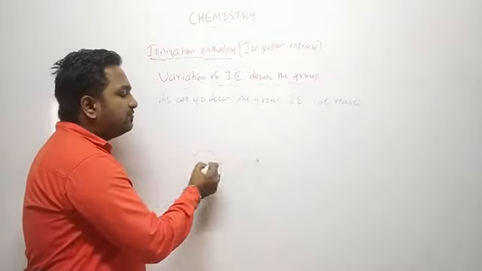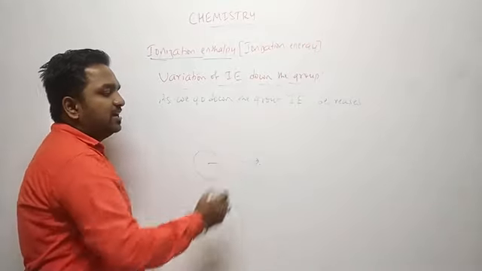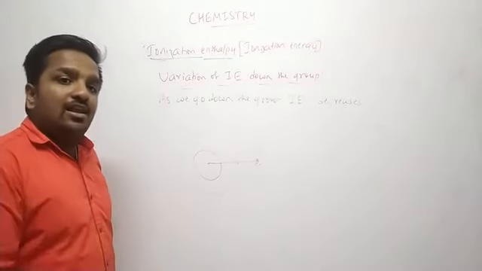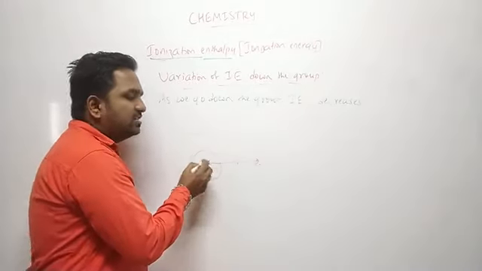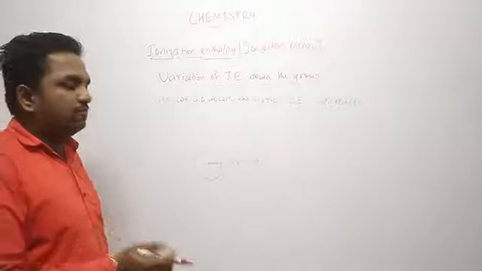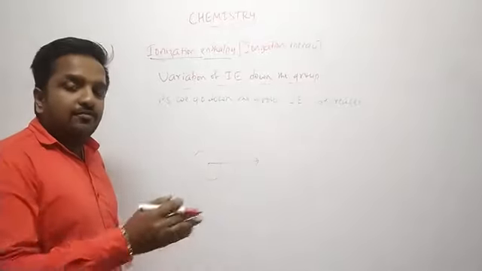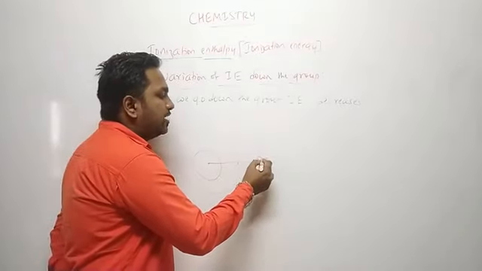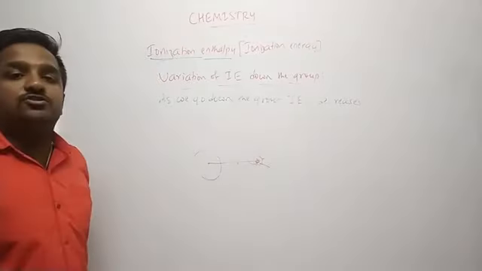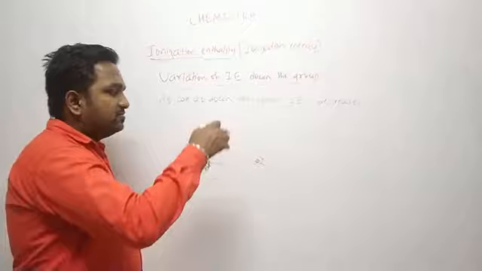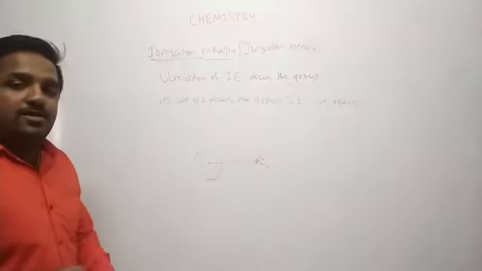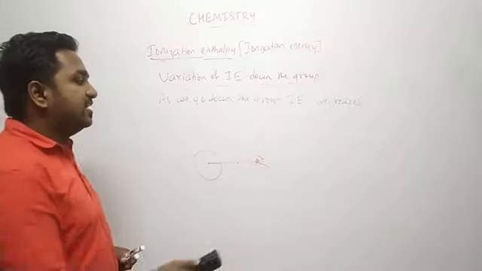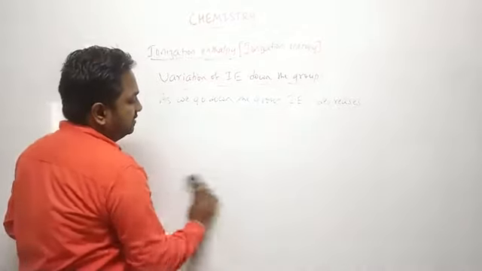So in the bigger atom, the nucleus has a lesser hold on the outermost electron. If the effective nuclear charge is less, then it is easy to remove the outermost electron from the outermost shell. So as we go down the group, as atomic size increases, the ionization enthalpy decreases.